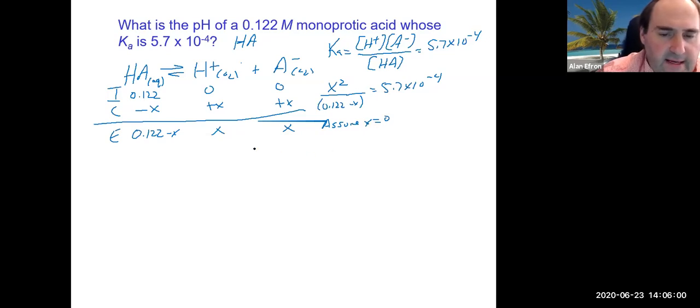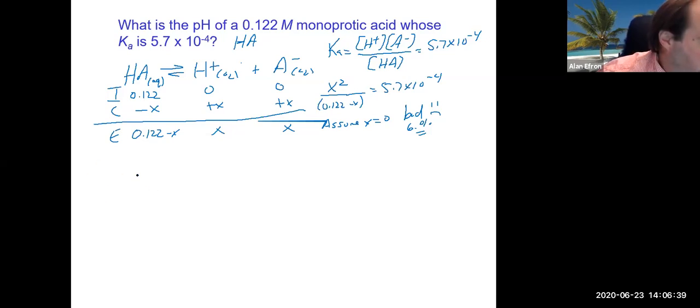If you do that and check it like you hopefully should have, you will see that this is bad. It's 6 point something percent, just over 5, but still technically too high based on our 5% rule. I think it was like 6.3, 6.8%, something like that. So we do need to solve this as a quadratic.